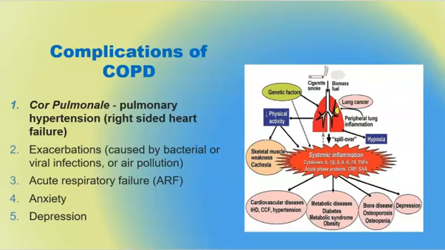Okay, so let me repeat it. How does COPD cause cor pulmonale? It occurs when low oxygen levels due to COPD cause a rise in blood pressure in the arteries of the lungs, known as pulmonary hypertension. This places excess strain on the heart's right ventricle as it works to pump blood through the lungs.